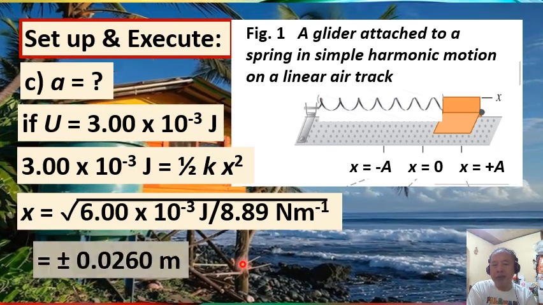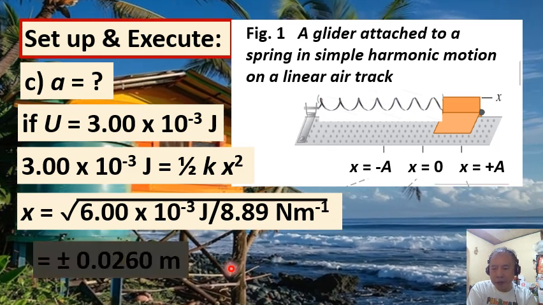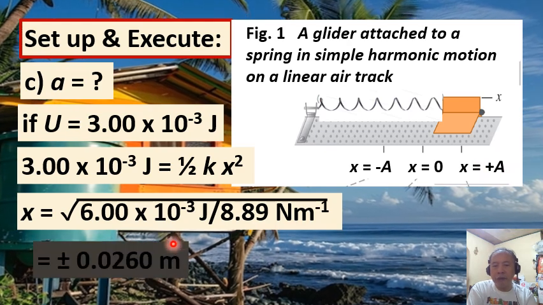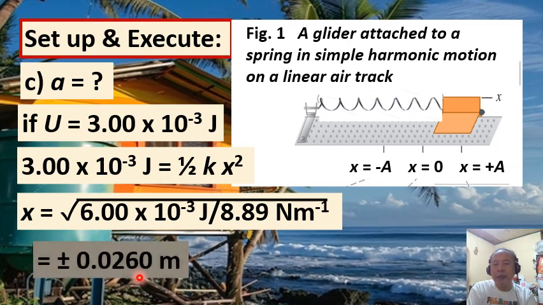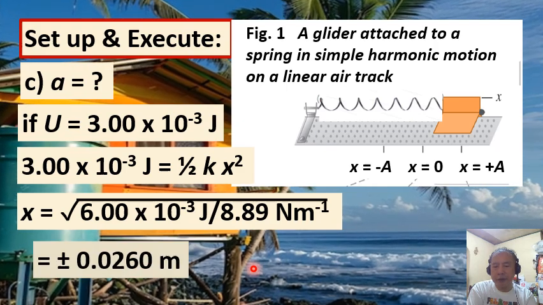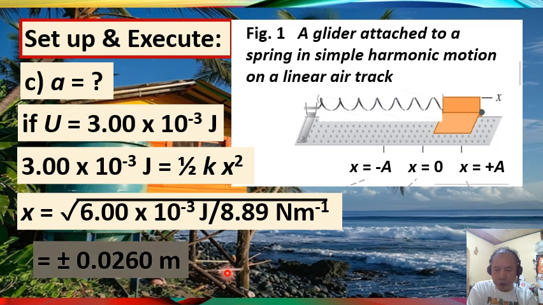This is at x equals 0.0260 meters, which is to the right of the equilibrium position, and of course, negative 0.0260 meters, which is to the left of the equilibrium position.